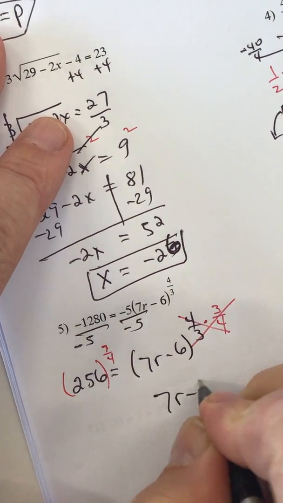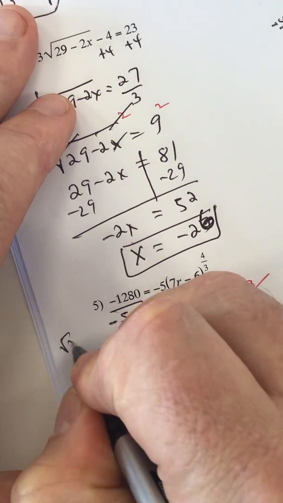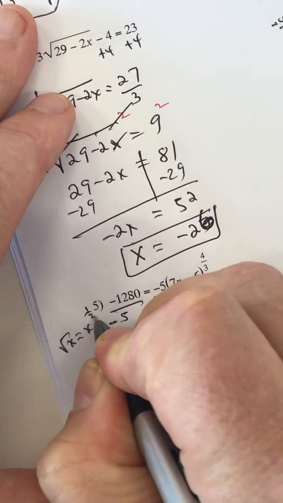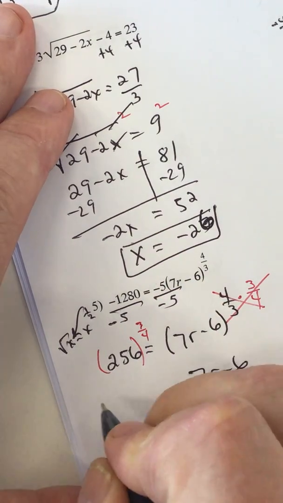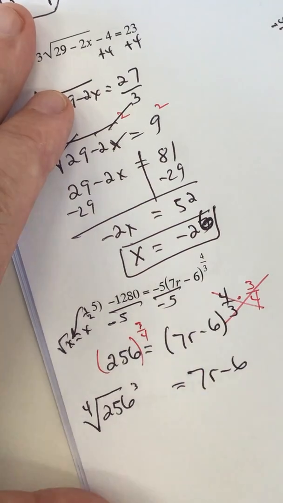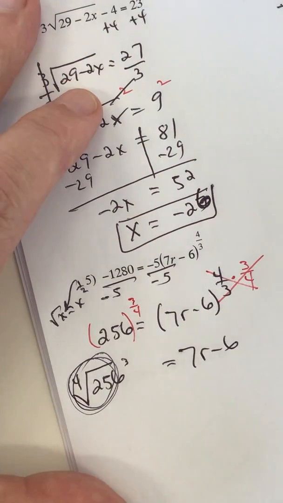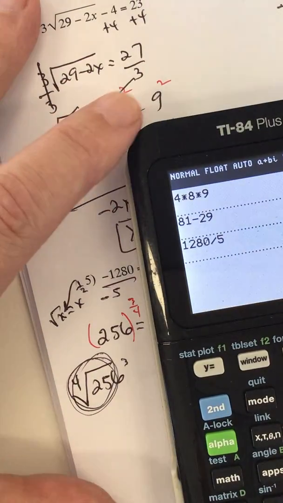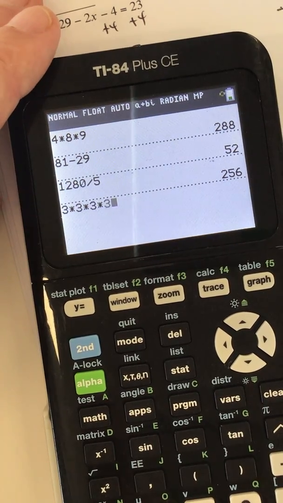So we have 7r minus 6. Again, the square root of x is x to the 1/2. The 1 is on the inside, so the 3 is on the inside. So it's the 4th root of 256 to the 3rd. I need 4 numbers that multiply to 256. I'm going to guess, maybe 3 times 3 times 3 times 3.